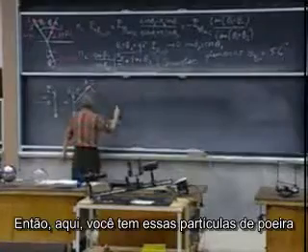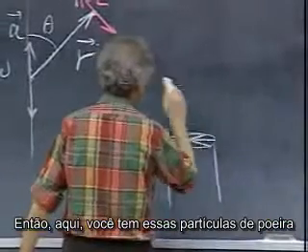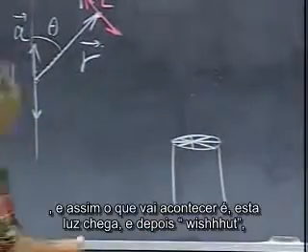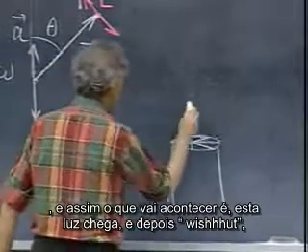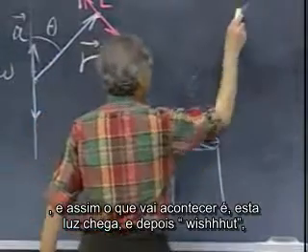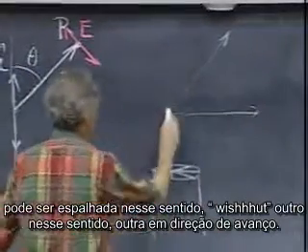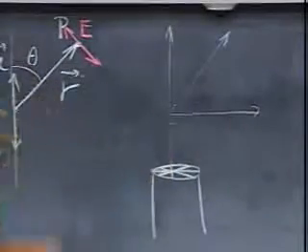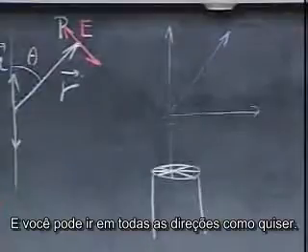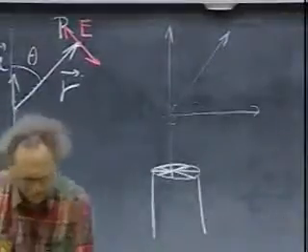So here you have these dust particles. And so what is going to happen is this light comes in, and then one may be scattered in this direction, another one in this direction, another one in forward direction. And you can go in all directions as you please.